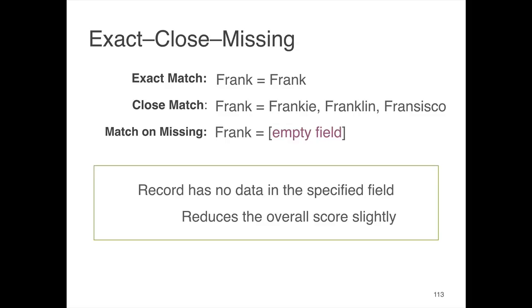When we bring back a record that is matched on missing data, meaning the thing you typed in isn't present on the record, it actually reduces the overall score slightly. We will not bring back anything that conflicts with what you typed in, but we may bring back records that don't have every parameter that you typed in. Those will be scored lower. They'll be down lower on the search results.